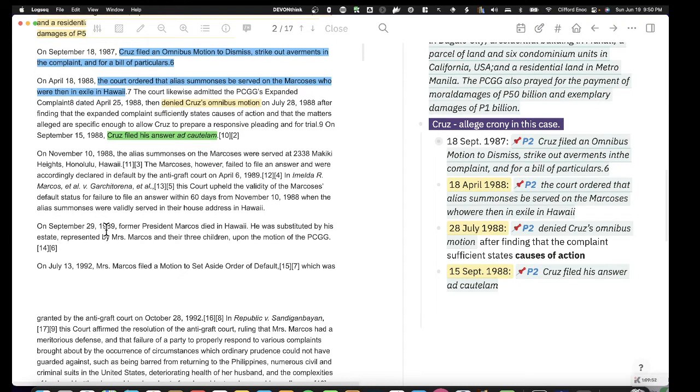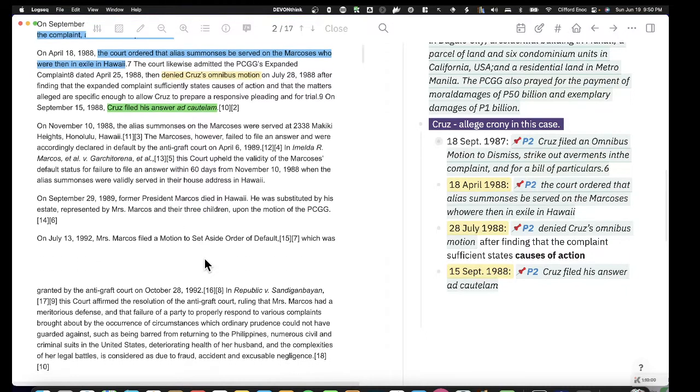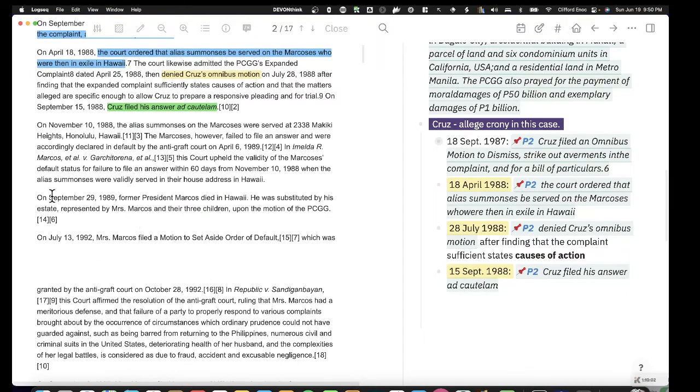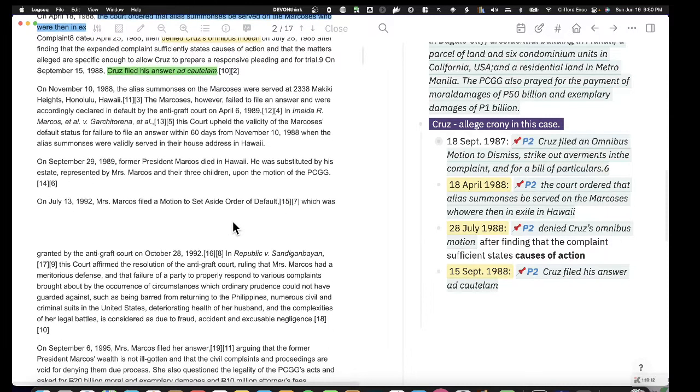And then September 29, 1989. This one is 1988. 1989, April 6. Former President Marcos died in Hawaii. So, si Marcos namatay sa Hawaii. He was substituted by his estate, by Mrs. Marcos and the children, upon a motion of the PCGG. And then July 13, 1992.